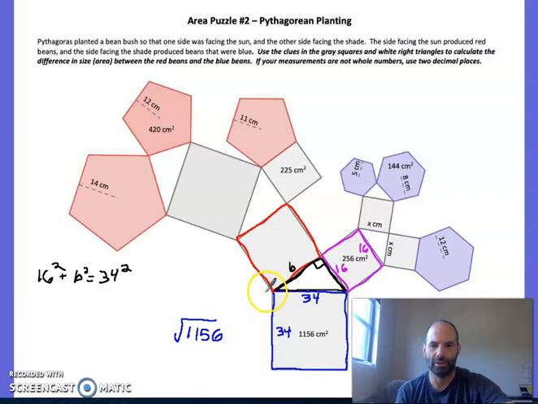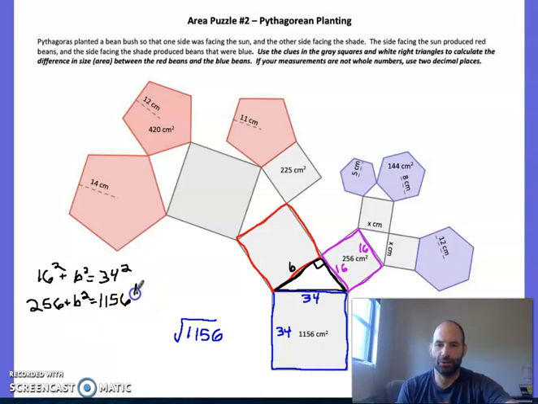Now it's kind of weird because I already square rooted these, so I already know 16 times 16 is 256, plus b squared equals 34 squared, which I already unsquared before I square rooted it, so now if I square it, it goes back to 1156.